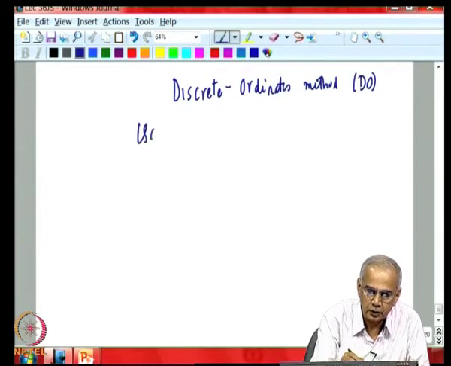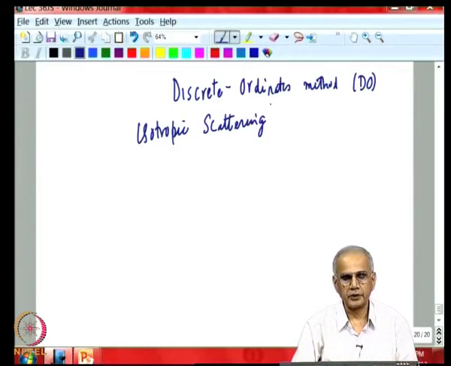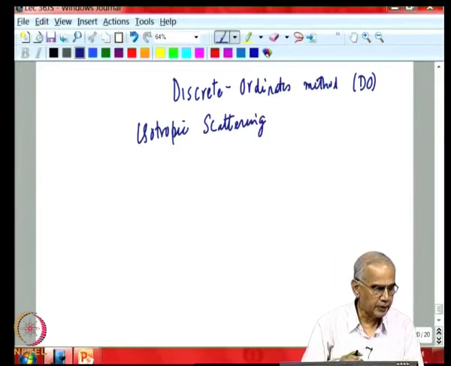This is just to make the analysis simple. This can be extended to non-isotropic scattering also, but the method is best illustrated by isotropic scattering.